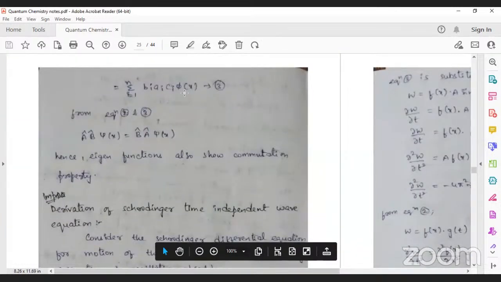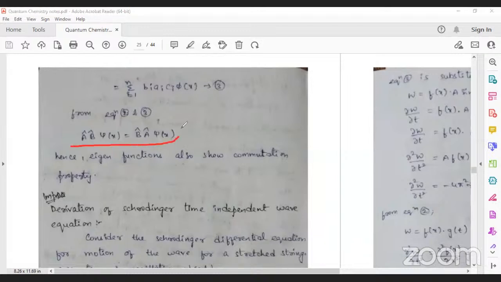So this is the result, the second time we are getting. Therefore, from equations 1 and 2, we can say A into B into psi of x is equal to B into A into psi of x, right? So hence the eigenfunctions show a commutation property.